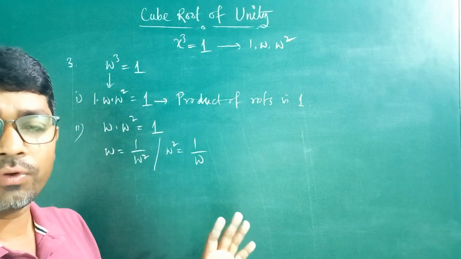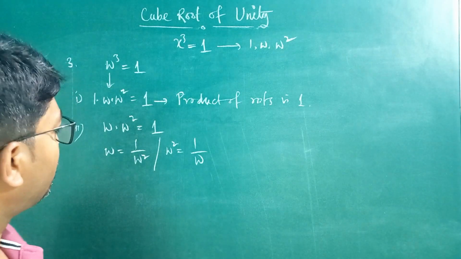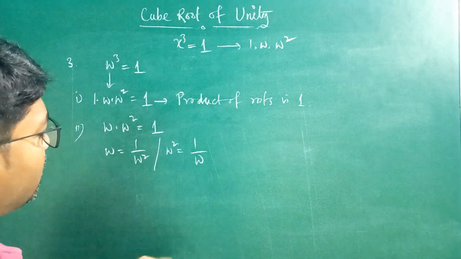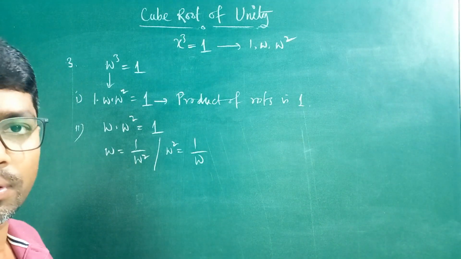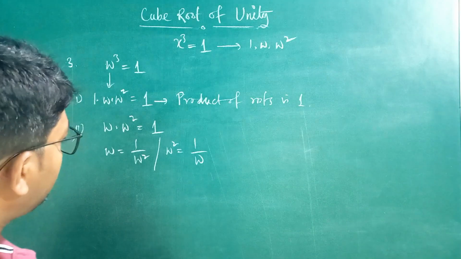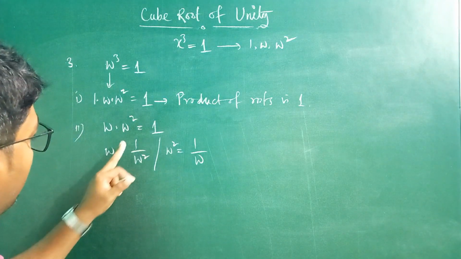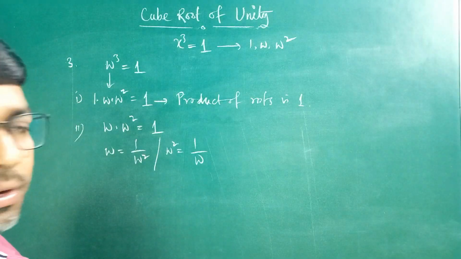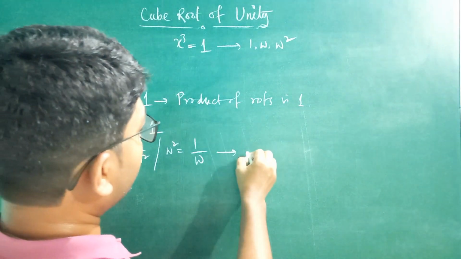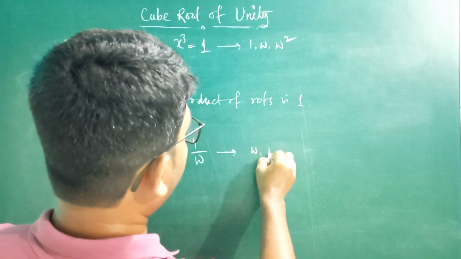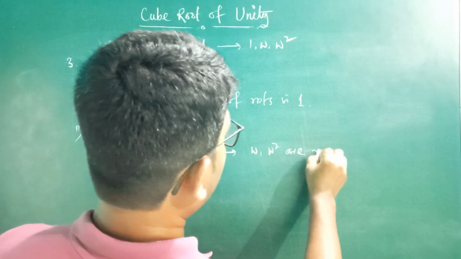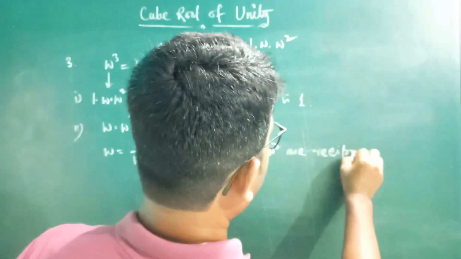That is, when we are doing a problem, we can replace 1 by omega square by omega, or 1 by omega by omega square. Another point of view is they are reciprocal to each other. That is, omega means 1 by omega square and omega square means 1 by omega. So here omega and omega square are reciprocal to each other.